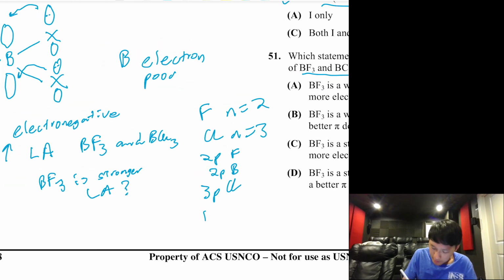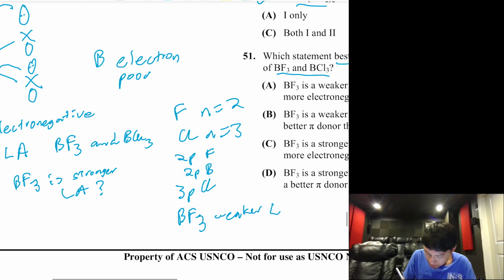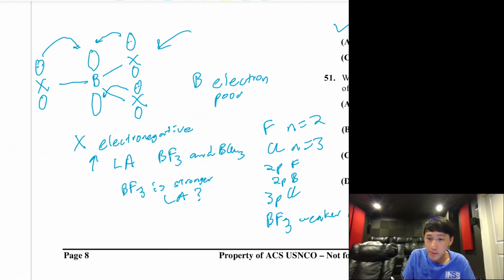Therefore, we expect that BF3 is actually a weaker Lewis acid, as its boron is more electron rich. So which of these effects is going to dominate? Well, in general, resonance effects, like hyperconjugation or back donation, like what's going on right here, tend to dominate over inductive effects.